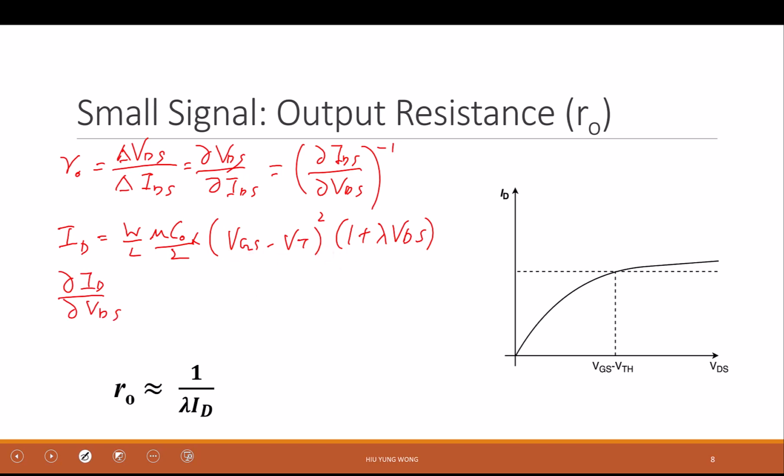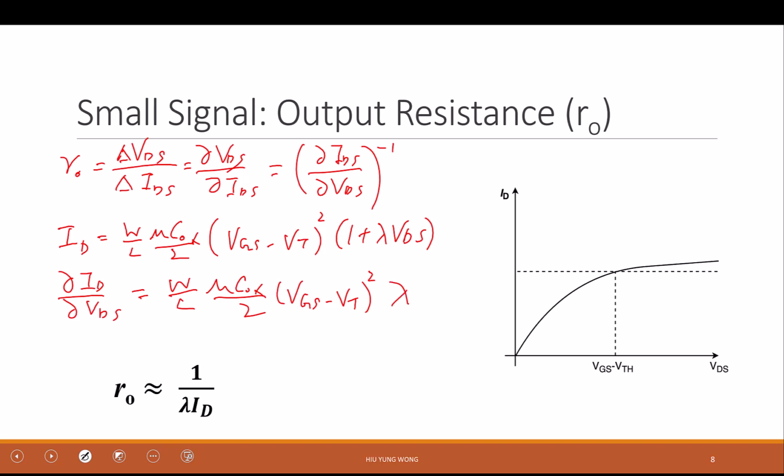Okay, so what is this? I only have one dependent variable here, VDS. I don't have others. So this is equal to W over L. They are just like a constant in this differentiation operation.